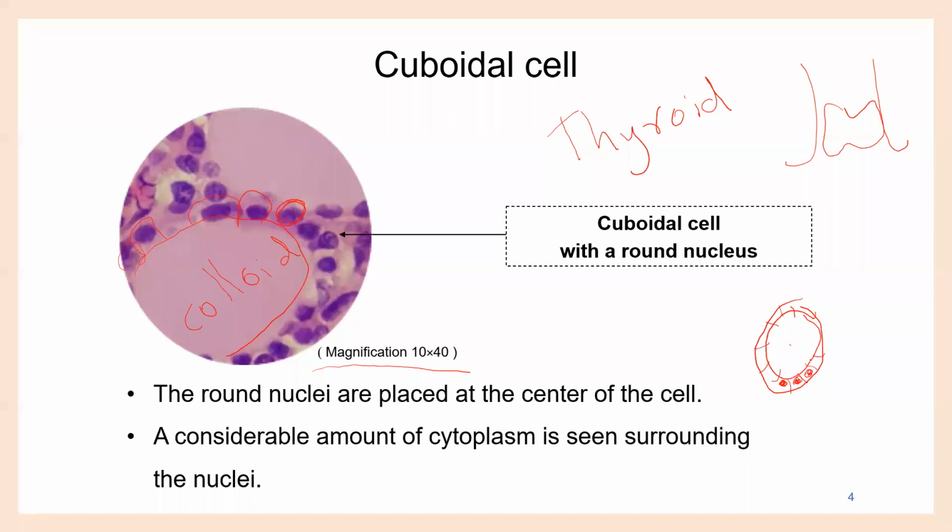The round nucleus is placed at the center of the cell, and a considerable amount of cytoplasm is there, because it is a bit of a larger cell.